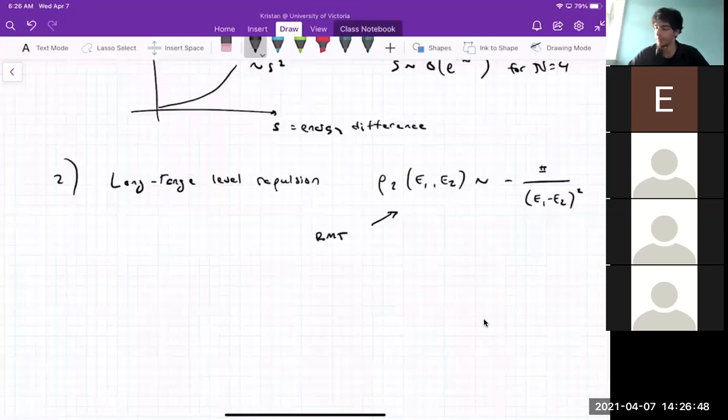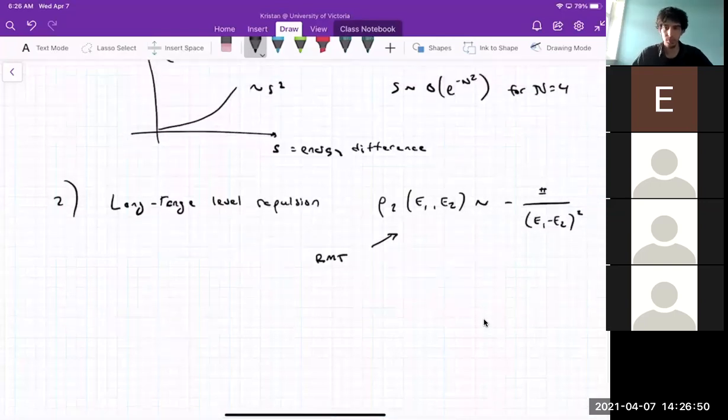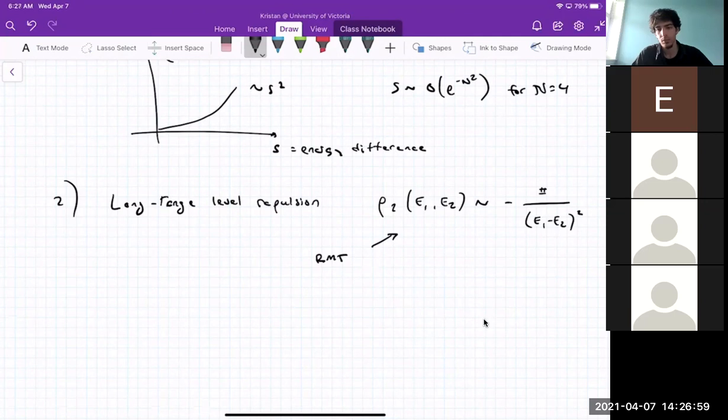Now, this long range level repulsion is a better target that you could aim for in gravity. But even so, it's a little bit hard to access. There's another feature of it that is more readily accessible, from something called the spectral form factor.